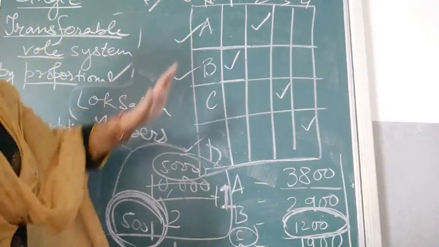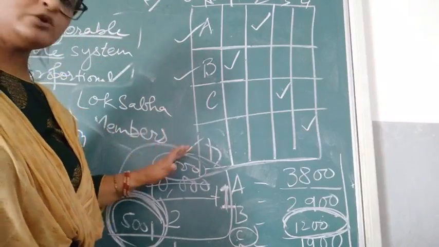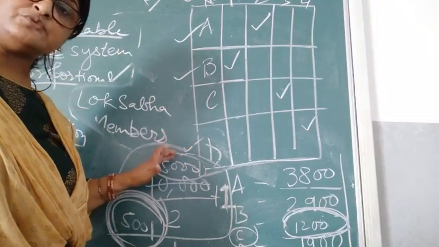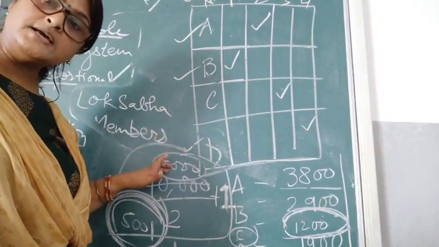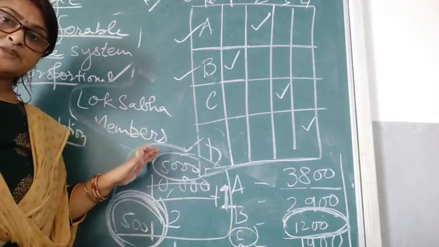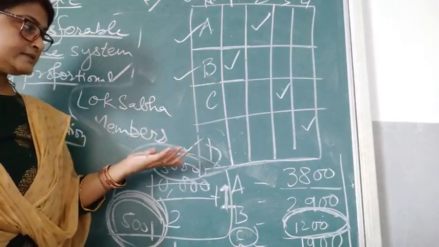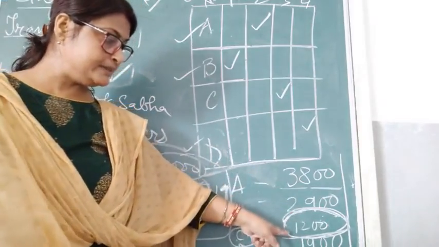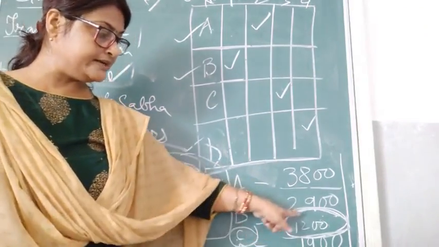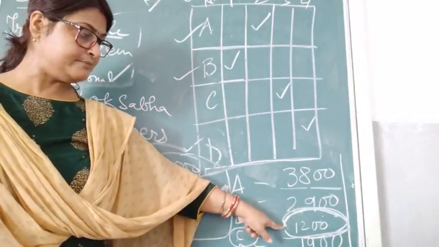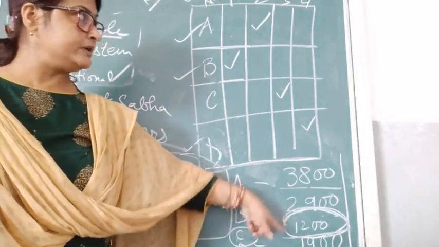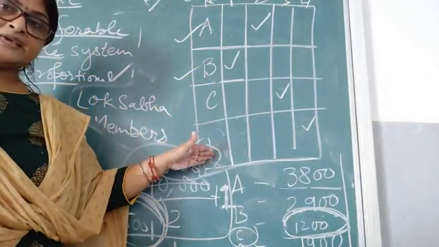So this is all about the procedure. This is only proportional representation. What it is called? Proportional representation. And single transferable means, just now I gave you the example that if out of these 4 candidates, C candidate has got less number of votes, their votes will be transferred to the rest of the 3 candidates.